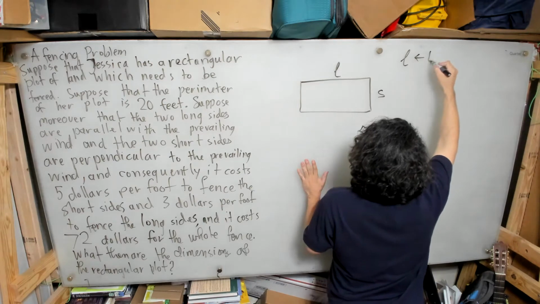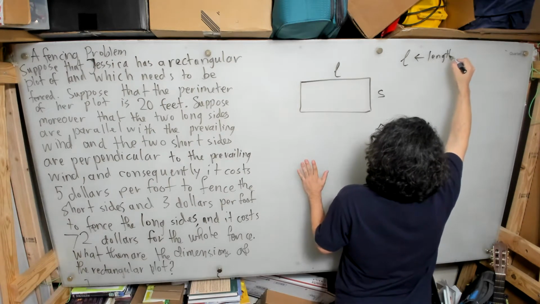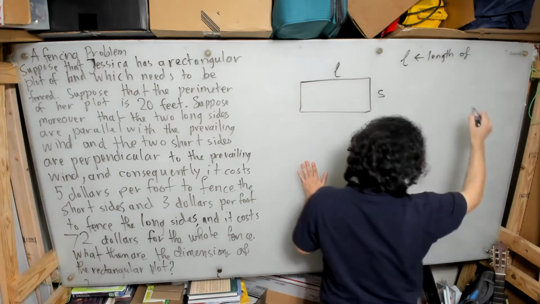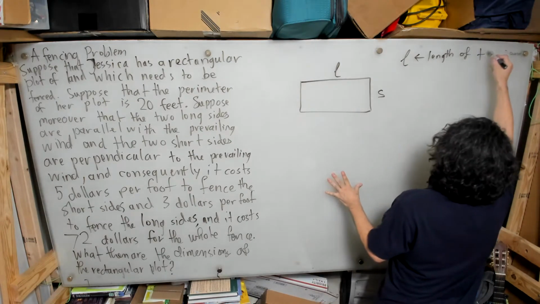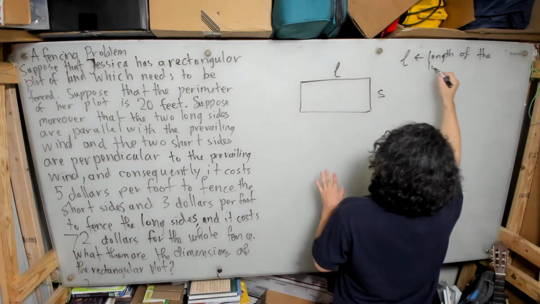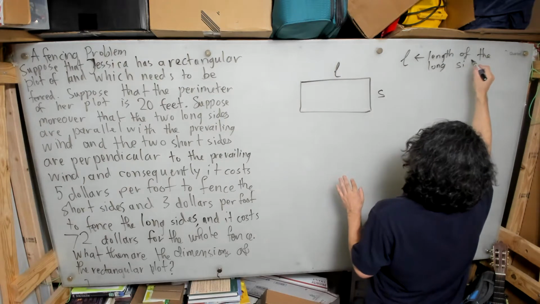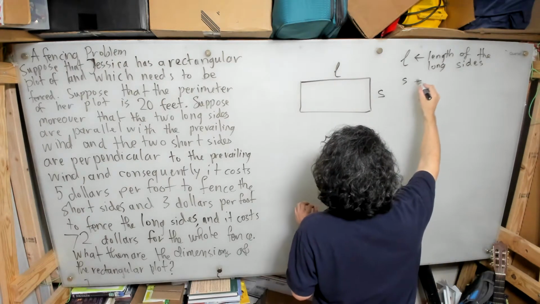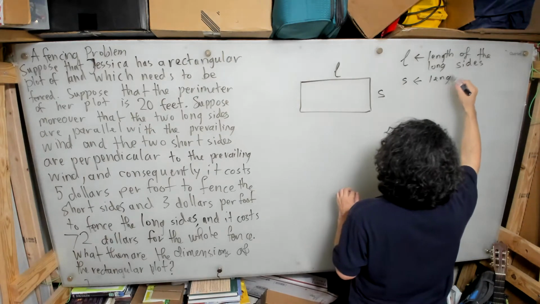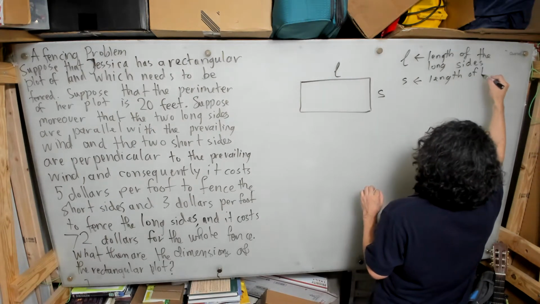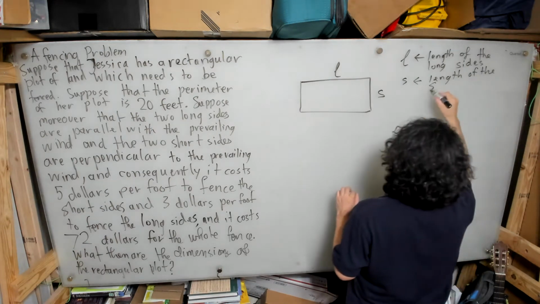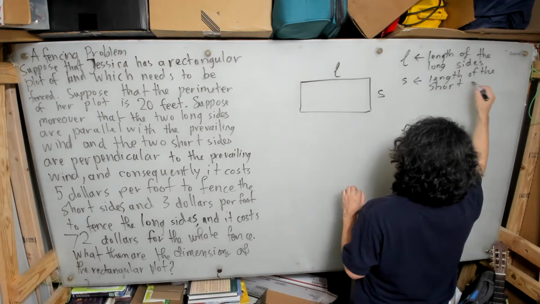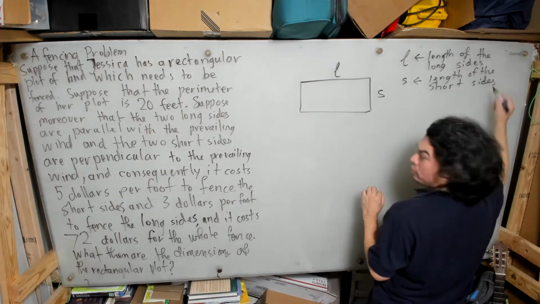L is the length of the long sides, and S is the length of the short sides.